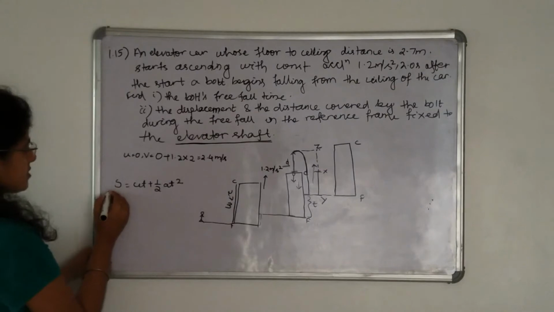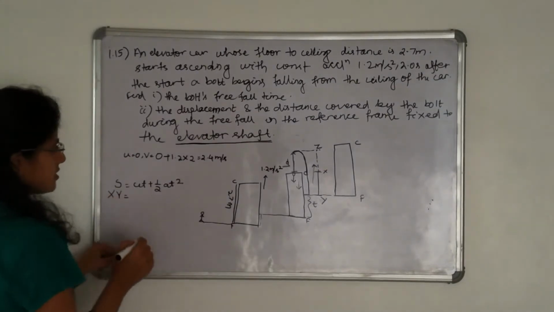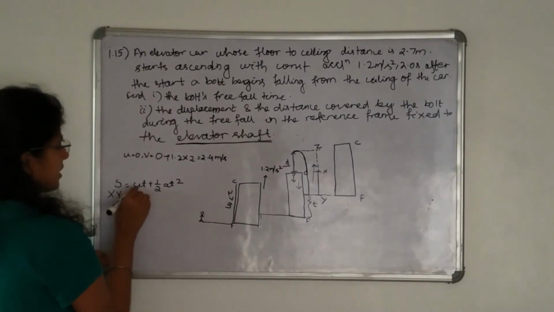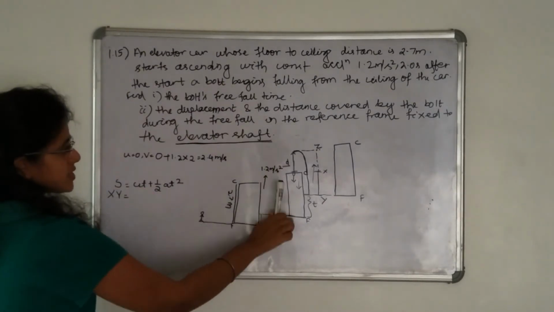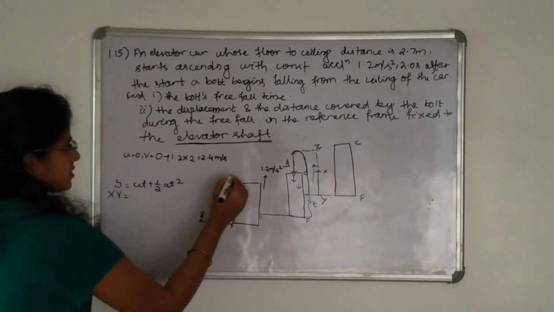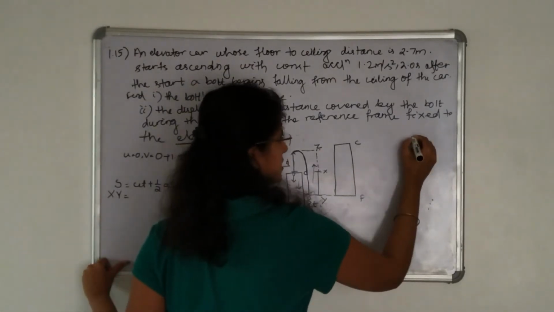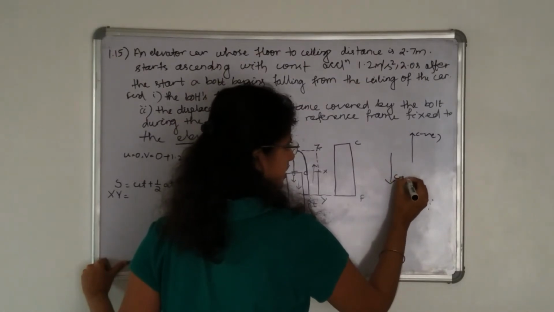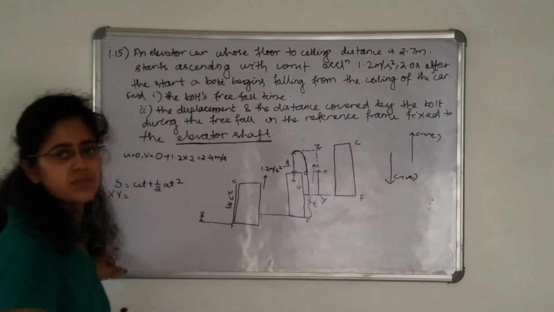So the displacement of the bolt, XY, is equal to ut. Initial velocity is in this direction. So let us take this direction as negative, and this direction, that is the gravity direction, as positive.